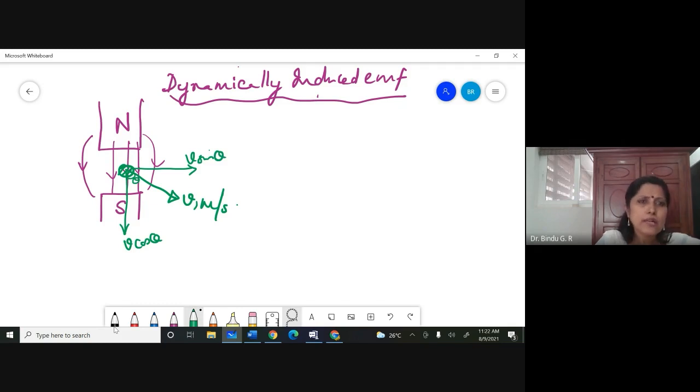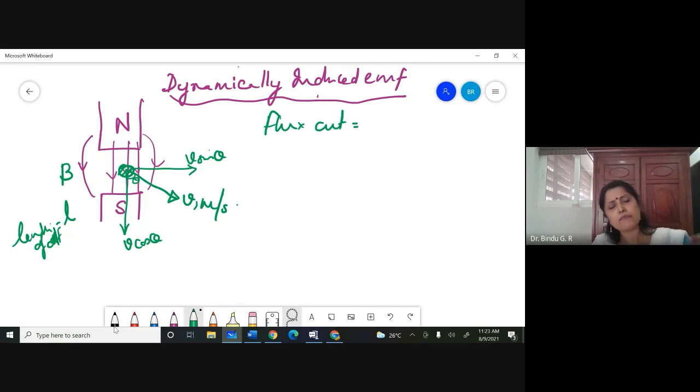You all know. Let this flux density be B Tesla. And let the length of this conductor be L. These derivations may not even be required, but just to make sure that you remember.